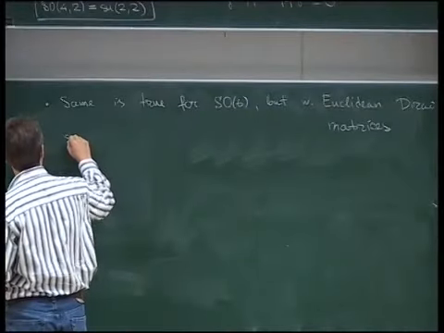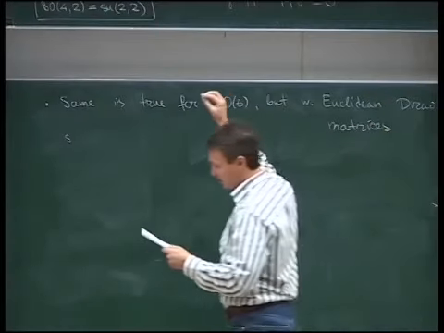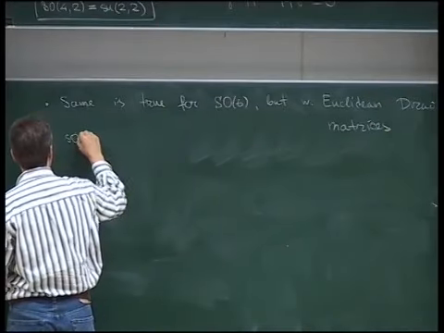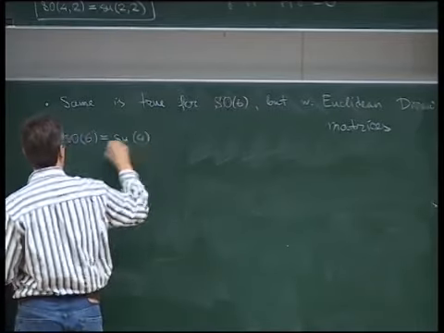The only thing that changes, in fact, is this conjugation condition. And then we get just literally unitary matrices. So SO6 is canonically isomorphic to SU4.